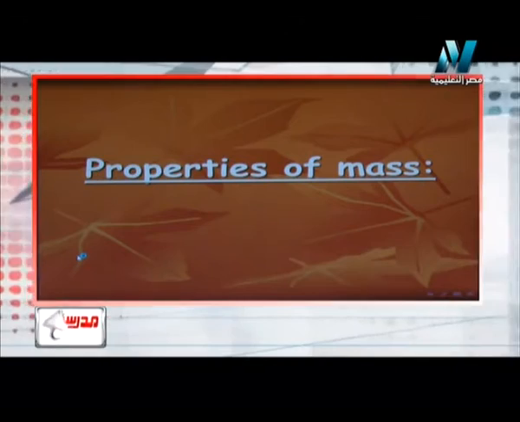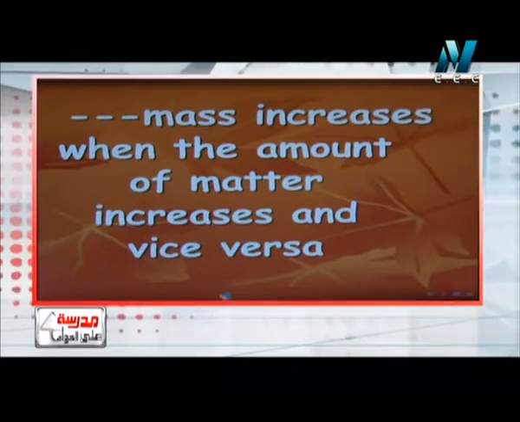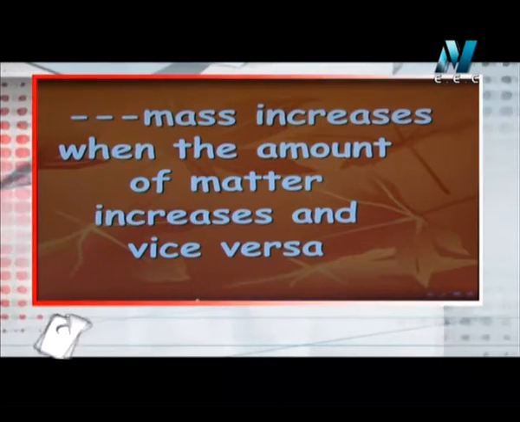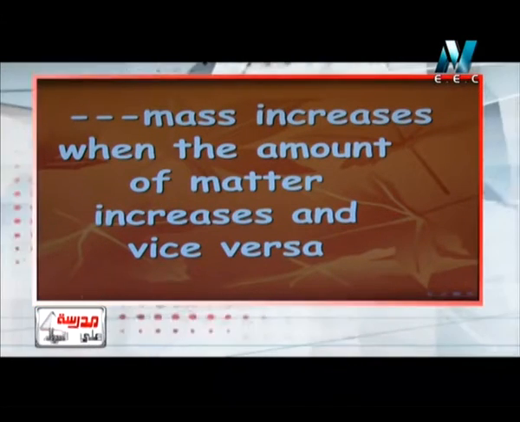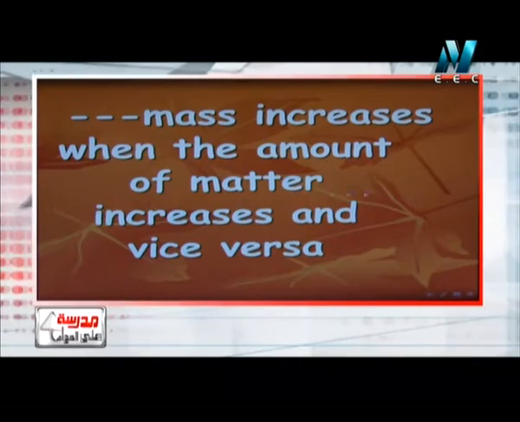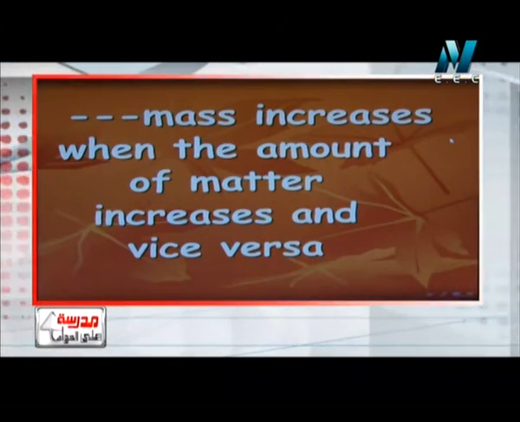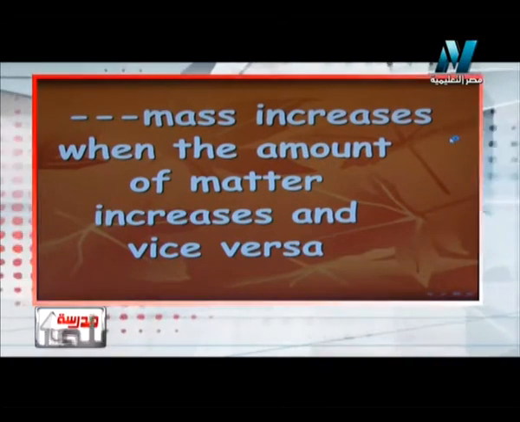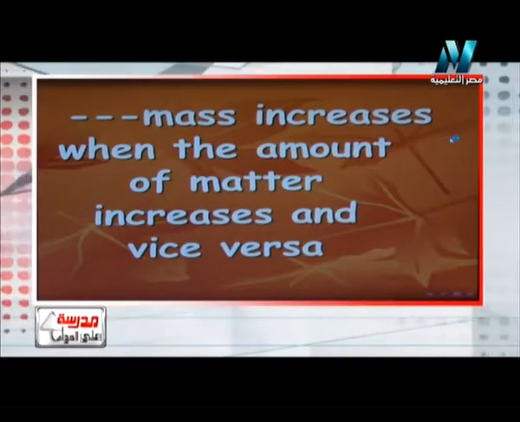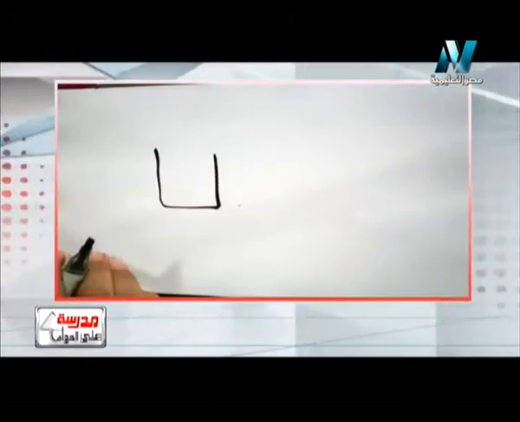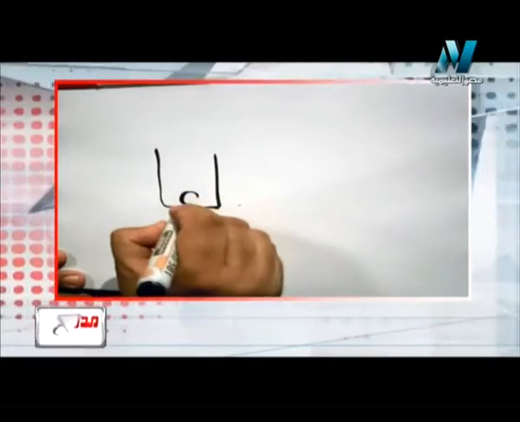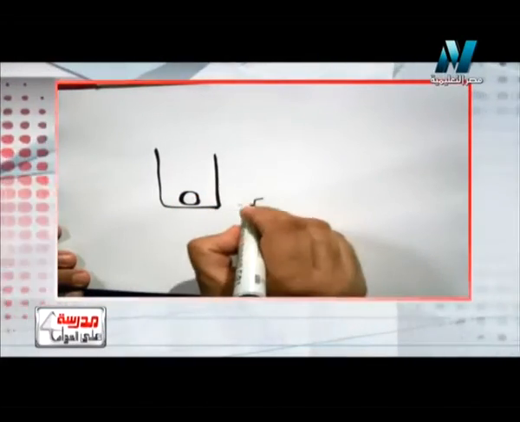At first, mass increases when the amount of matter increases and vice versa. Imagine that I have a bag, and I put a marble in it. This marble is 5 grams.